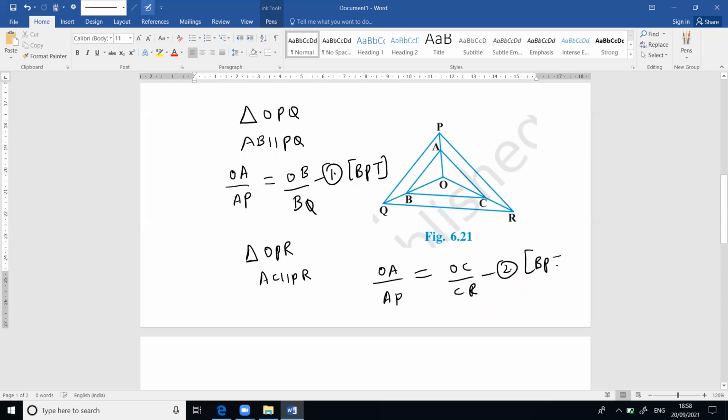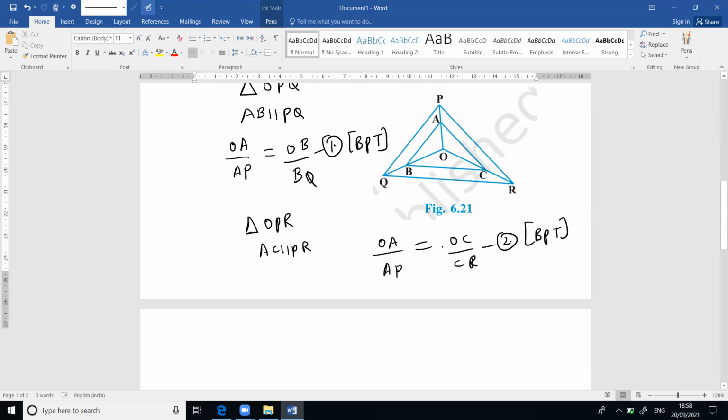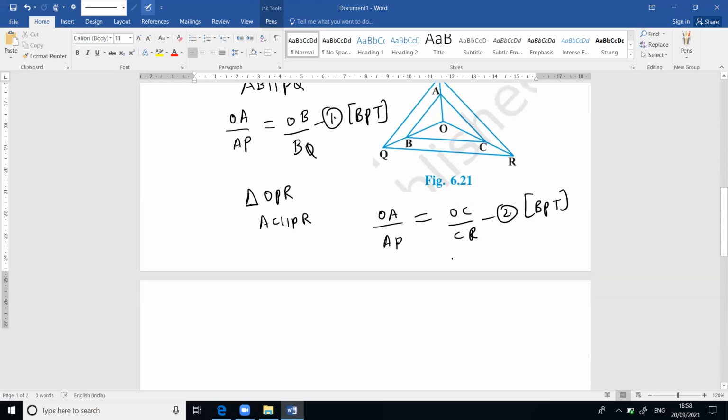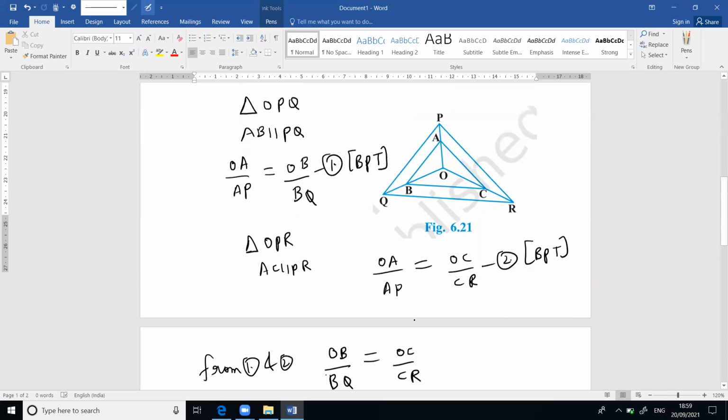This is as per BPT. Now from first and second, as the left hand sides are equal, therefore the right hand sides have to be the same. From 1 and 2 you can write down OB upon BQ is equal to OC upon CR.